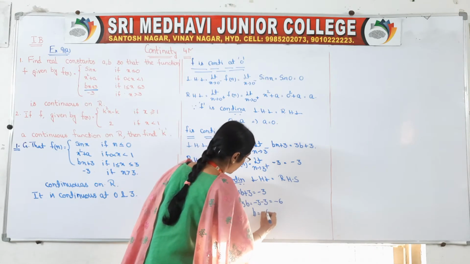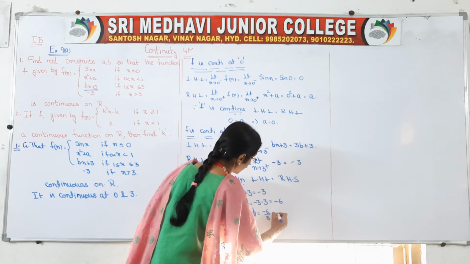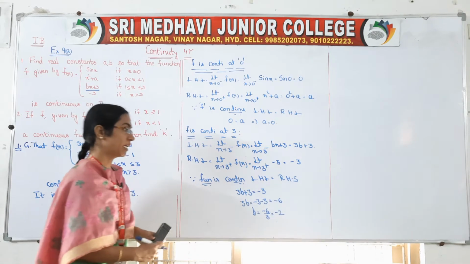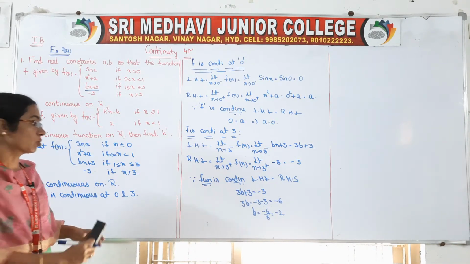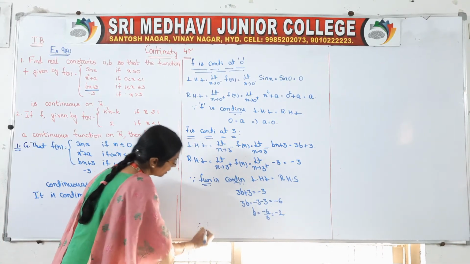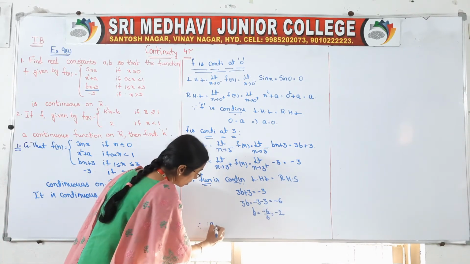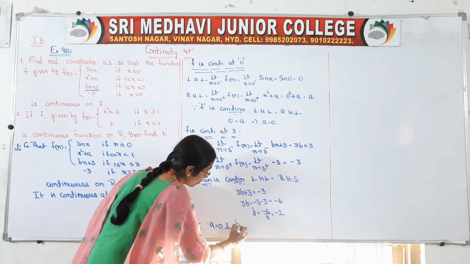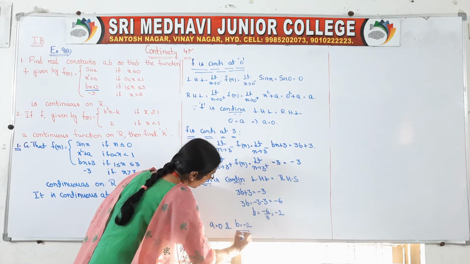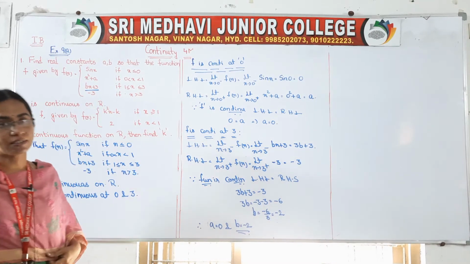So b is equal to minus 6 by 3, which is minus 2. Okay, so therefore, actually the question is find a and b. So your a is equal to 0 and b is equal to minus 2 is the answer.